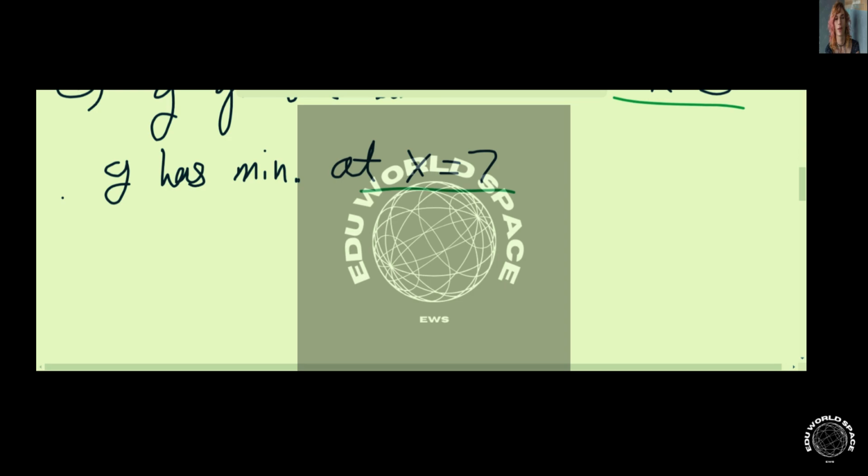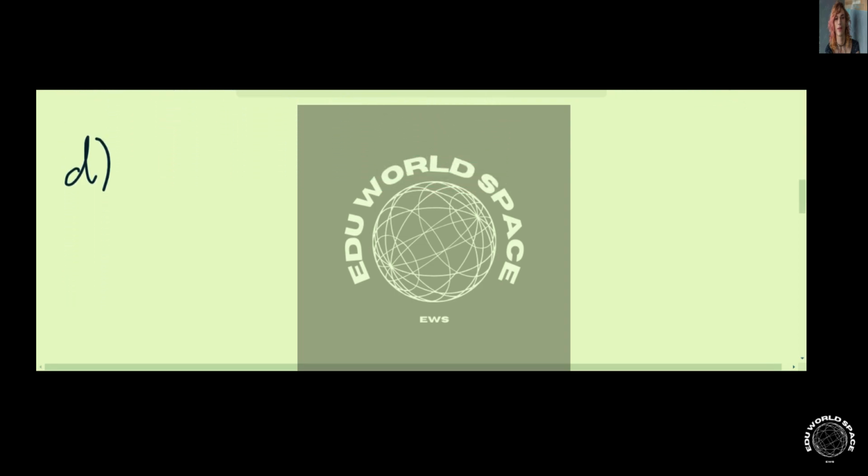Finally, in part D, we're asked to sketch a rough graph of the function g. Now, before we do this, notice that from part A, we saw that g was in fact always increasing from 0 up to 3.